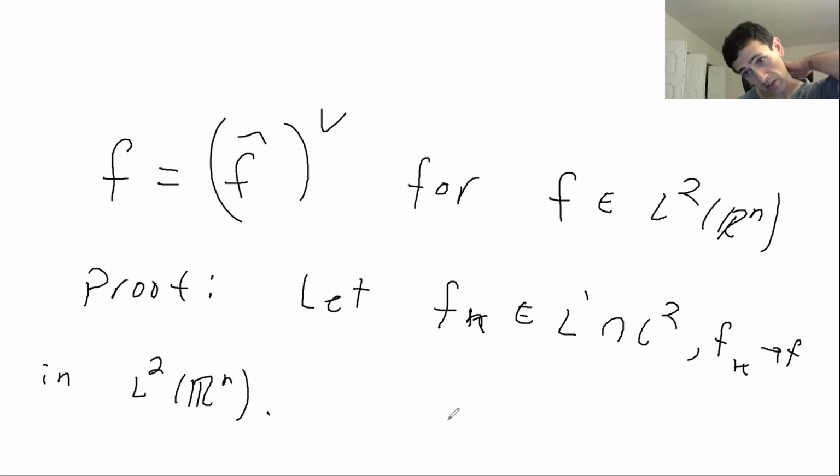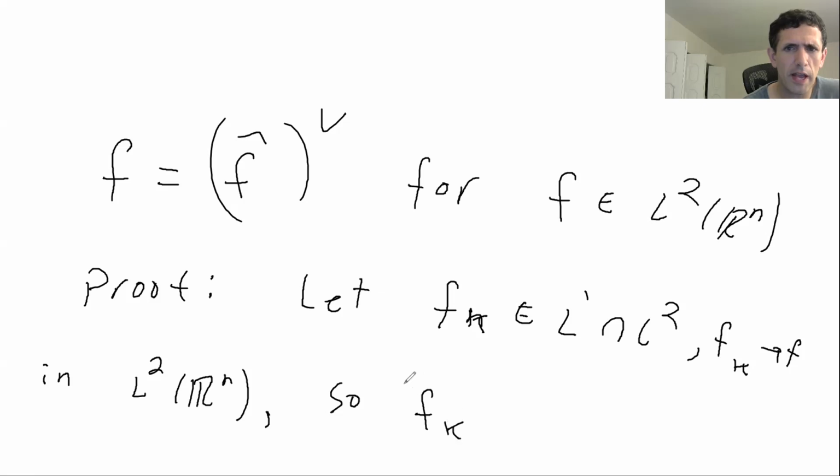So as a linear isometry, certainly the Fourier transform is bounded on L2. So that means fk hat converges to f hat in L2.